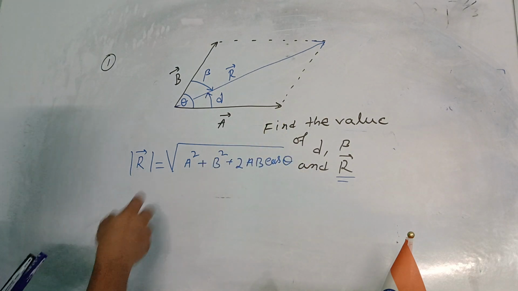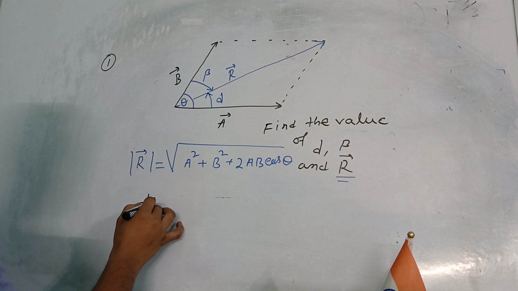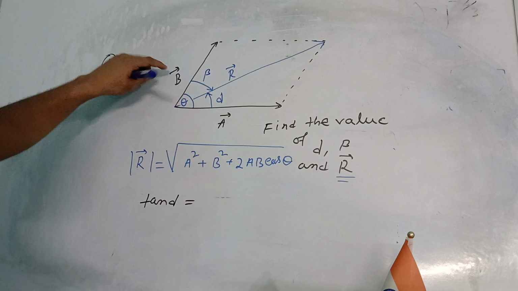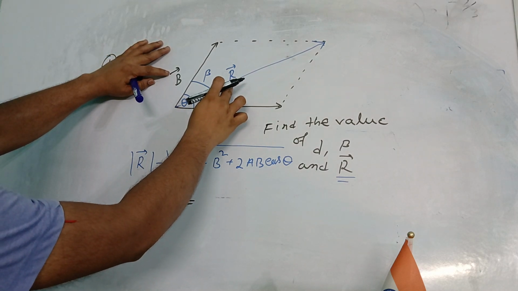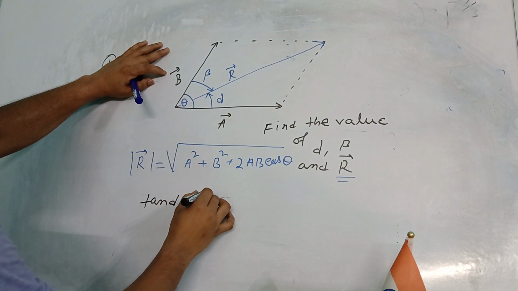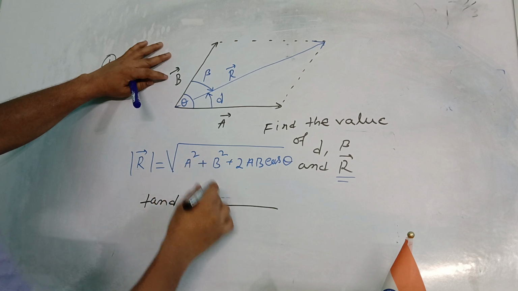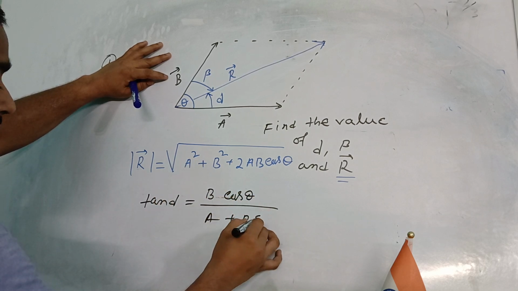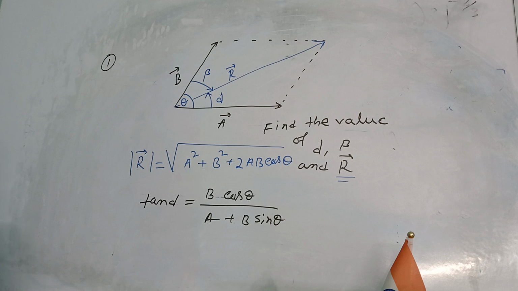Second one they are asking, d means the angle between resultant vector and a vector. So tan d is equal to what? We have to write b vector, because the angle between a vector and the resultant is given, so you have to write the opposite. So b, then a plus b, sin theta, cos theta.